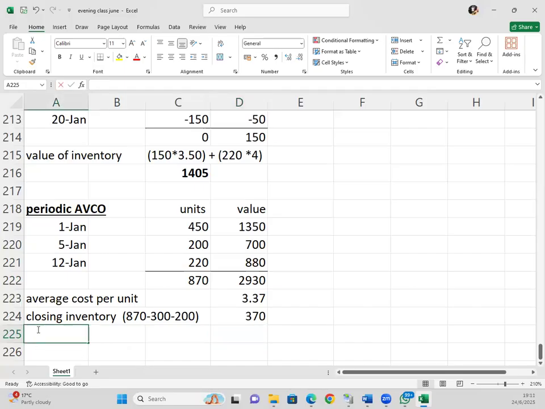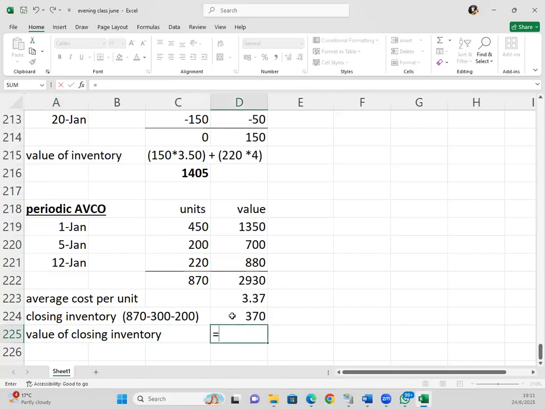So now we can say the value of closing inventory. To get it, you are simply multiplying the units that we have times the average cost per unit, 3.37. If we are using the periodic AFCO, then you're done.